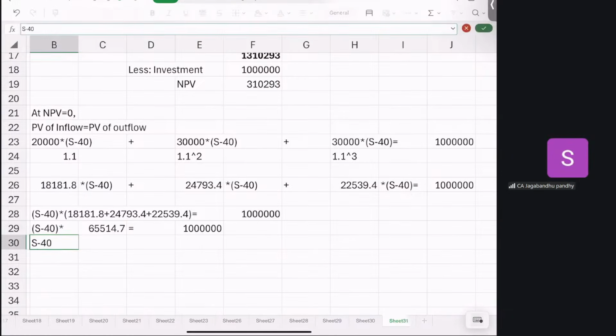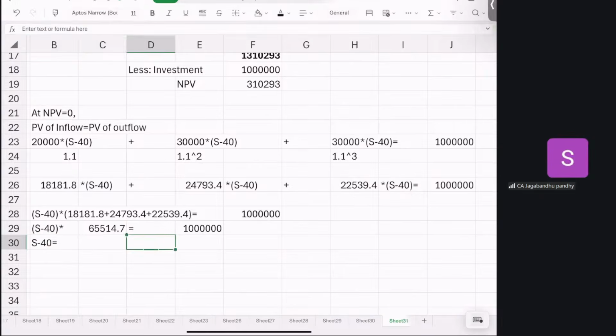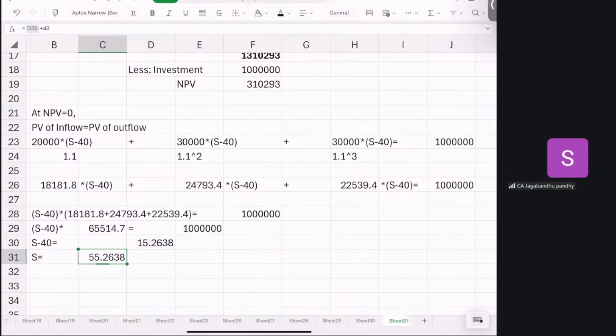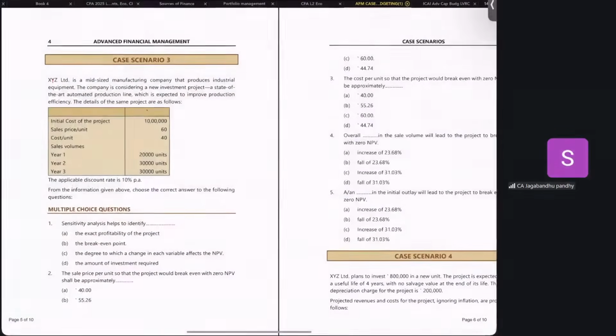So we say S minus 40 is equal to that, and S will be equal to this plus 40. So the answer is 55.2638. The option is what? Option B, right? Yes, sir, the correct option is option B.